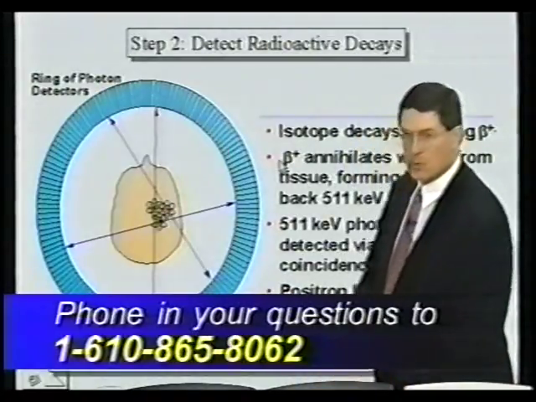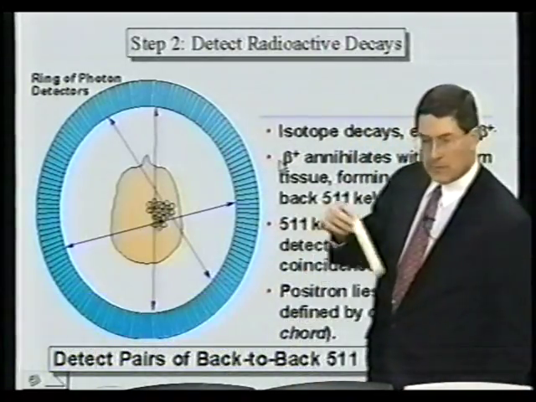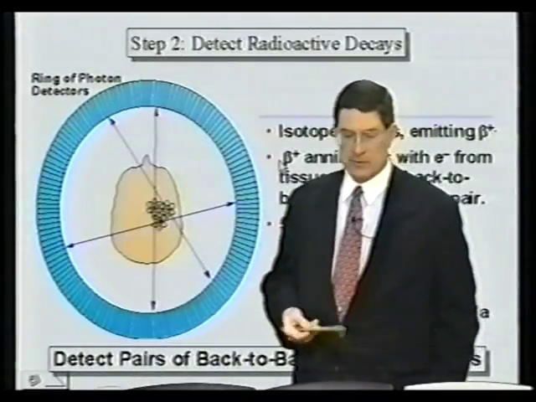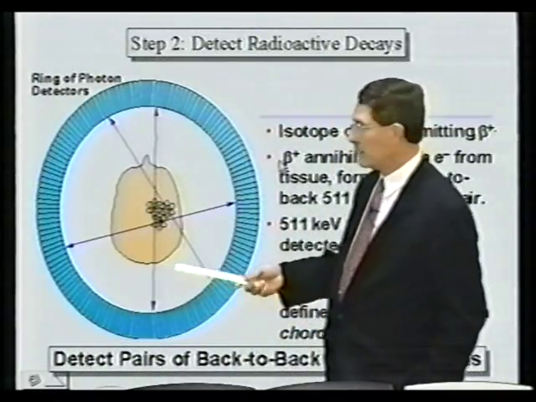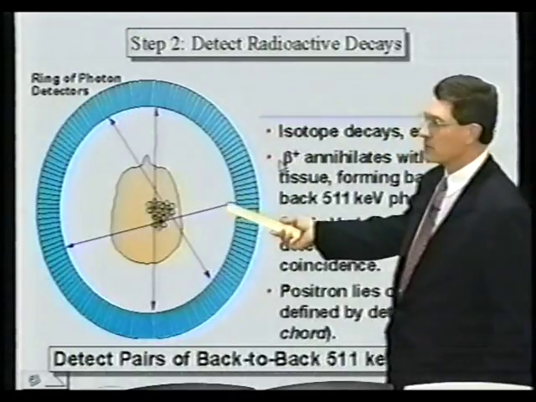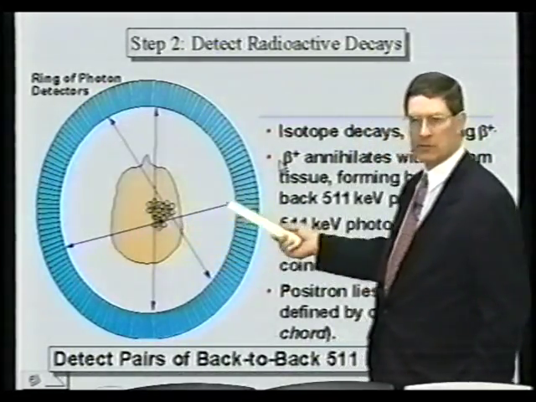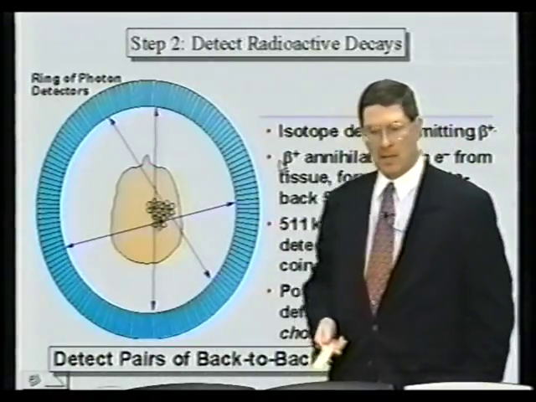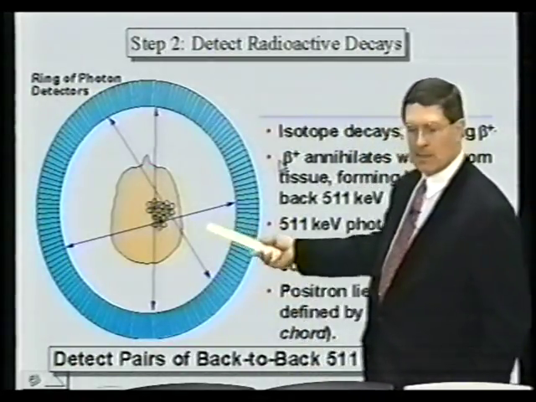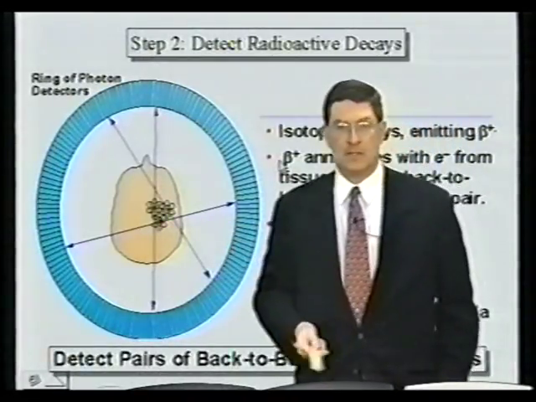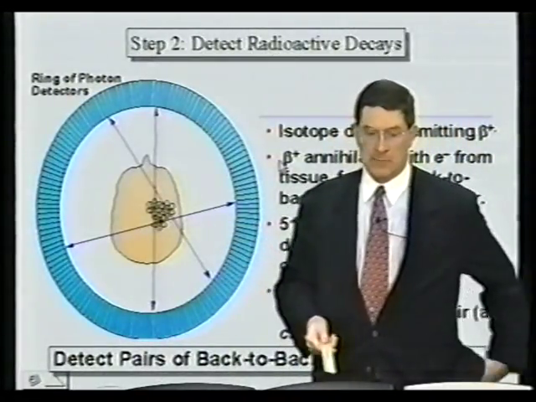I would like to point out in particular, I've plagiarized a couple of slides from the speakers in each one of the sessions in order to make some key points. First of all, the coincident radiation you see indicated by arrows going in 180-degree opposite directions from the annihilation of the positron is something which is unique to PET and gives it some of its power.